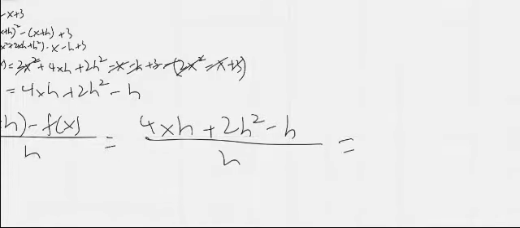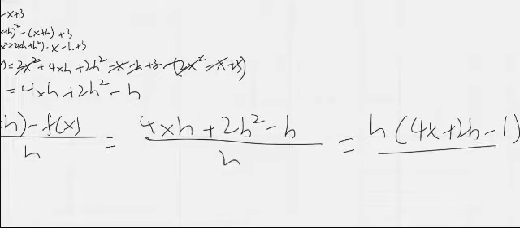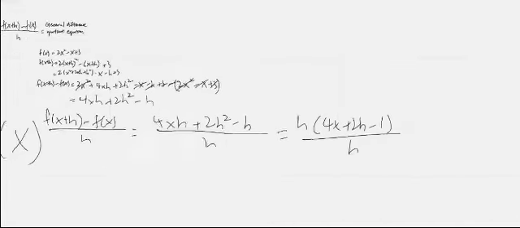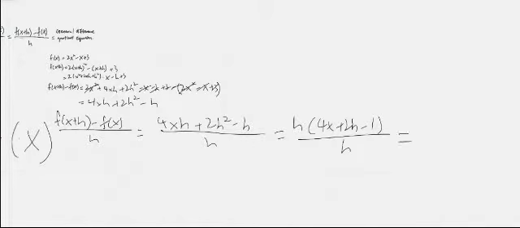So let's factor that out. And now we're left with 4x plus 2h minus 1.